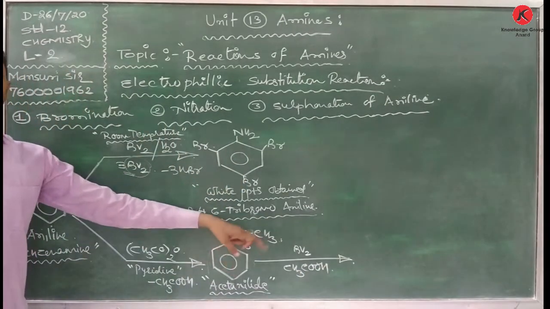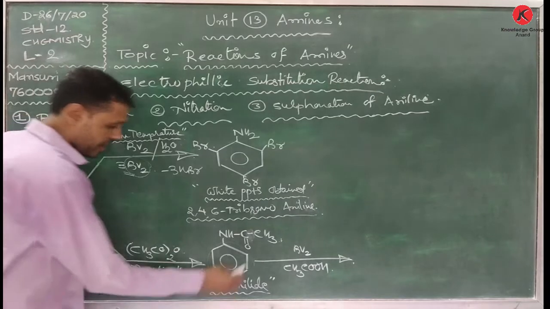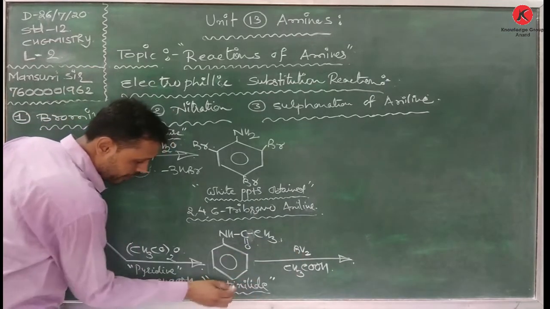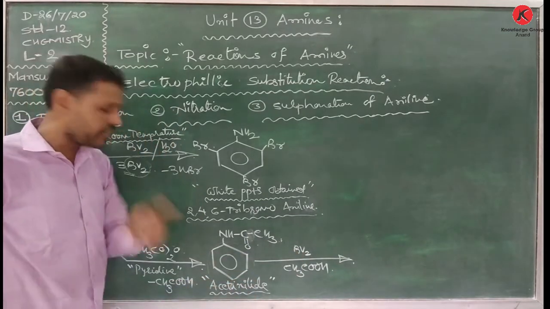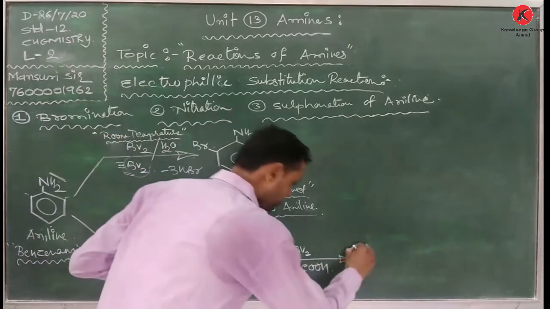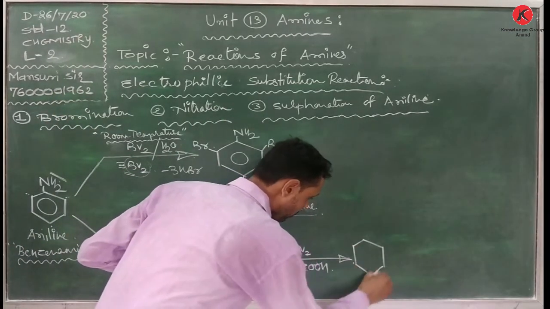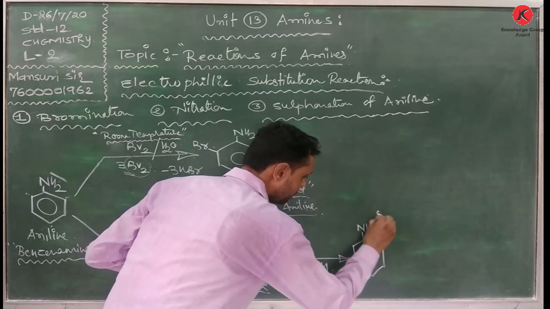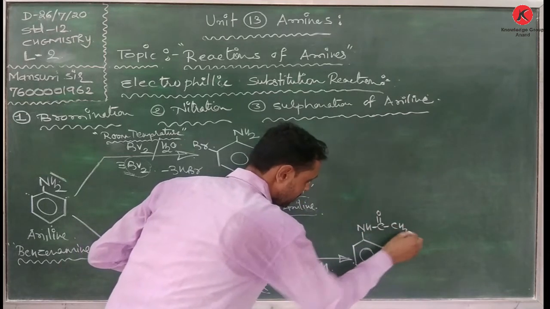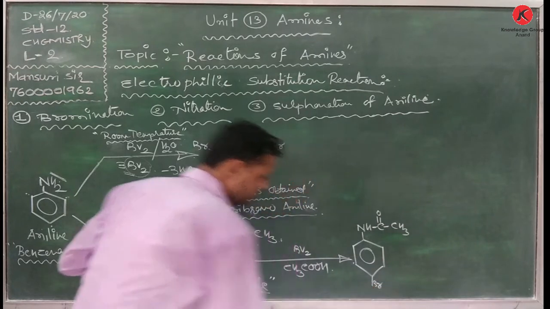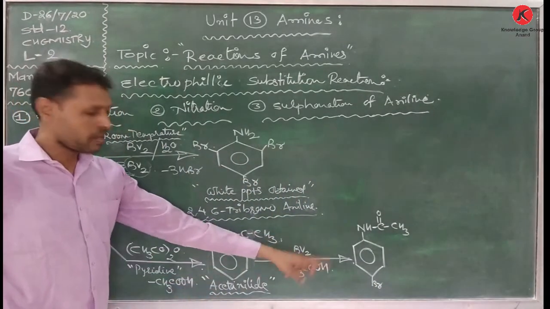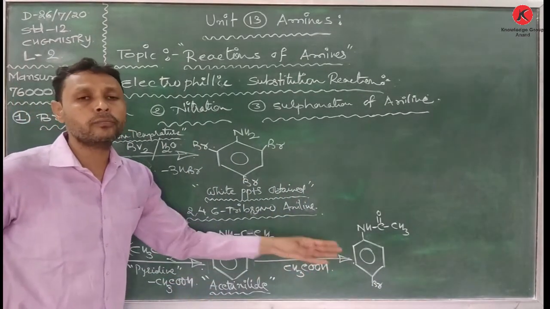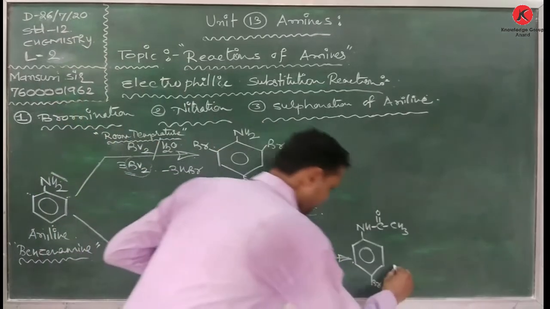So bromination will occur. That is why bromo will go toward the para position of the acetanilide. So para-bromoacetanilide is obtained. What is the name of this compound? Para-bromo, or 4-bromoacetanilide.